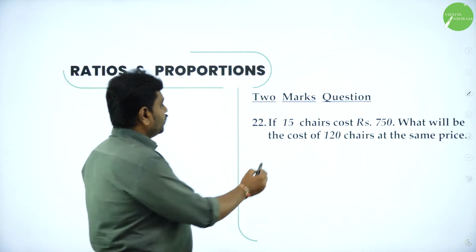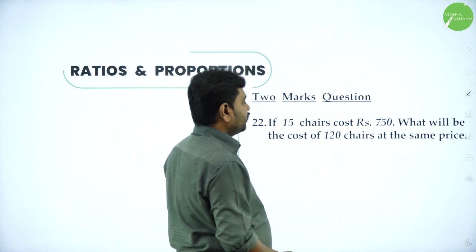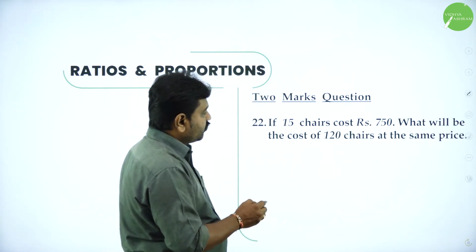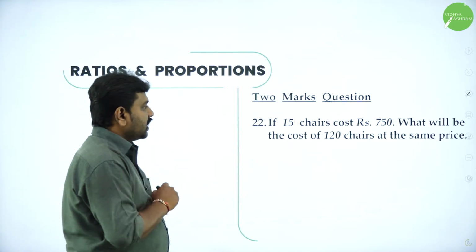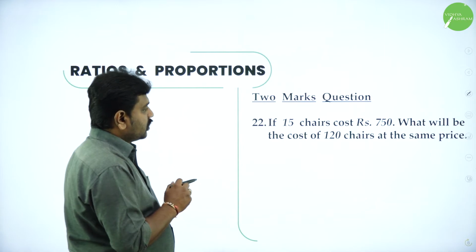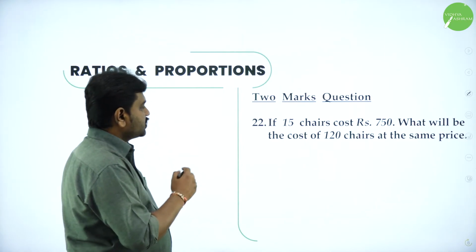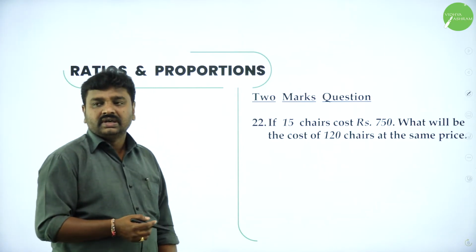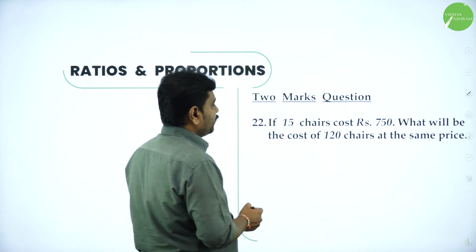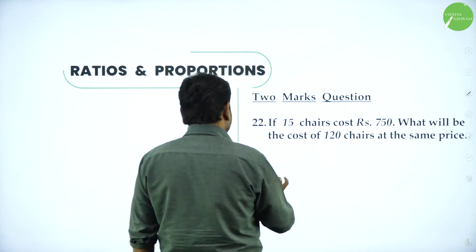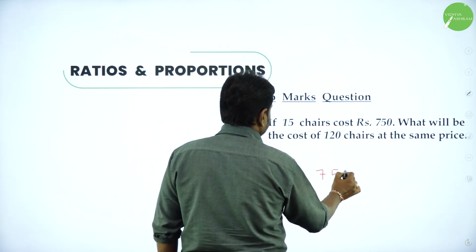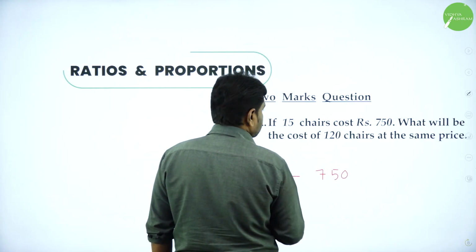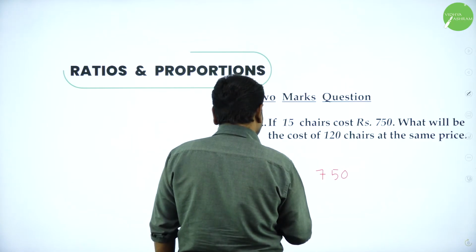Then, if 15 chairs cost rupees 750, what will be the cost of 120 chairs at the same price? 15 chairs cost rupees 750. What will be the cost of 120 chairs they are asking? So they are asking you to compare. 15 chairs cost 750. 120 chairs cost how much?